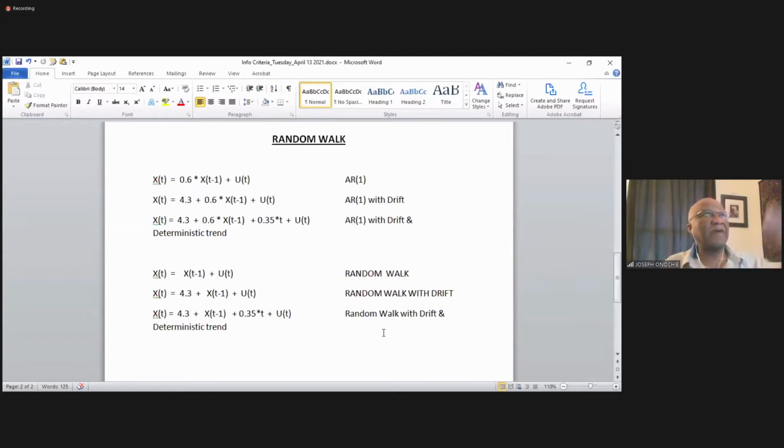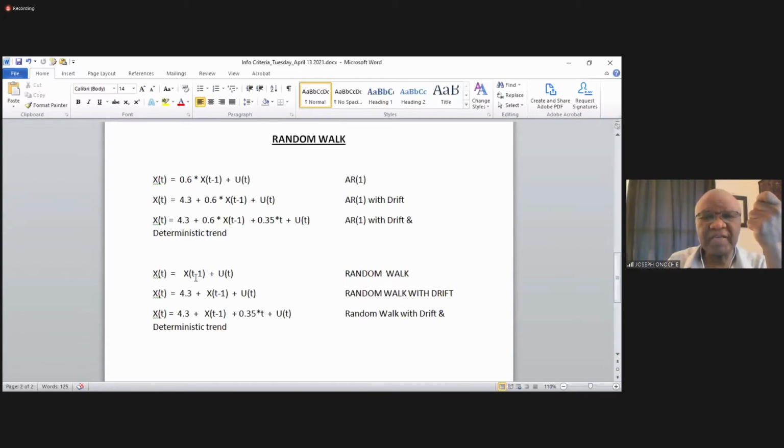So you have the IBM series. You want to test whether the IBM series follows a random walk, whether it is stationary or not. If it is not stationary, the kind of non-stationarity we really want to see whether it's present is a random walk. Everybody with me so far?